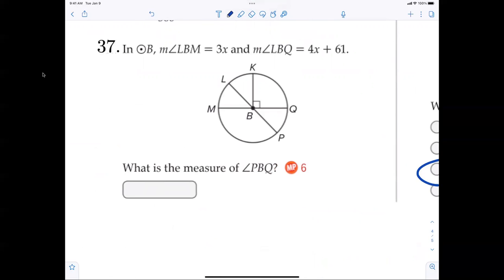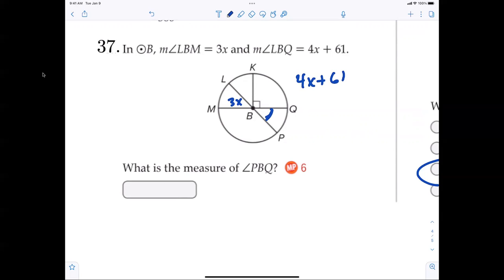The measure of angle LBM is 3x, and the measure of angle LBQ is 4x plus 61. What is the measure of angle PBQ? Well, PBQ is going to be the same as LBM, right?